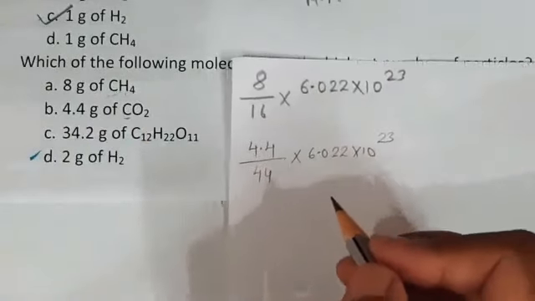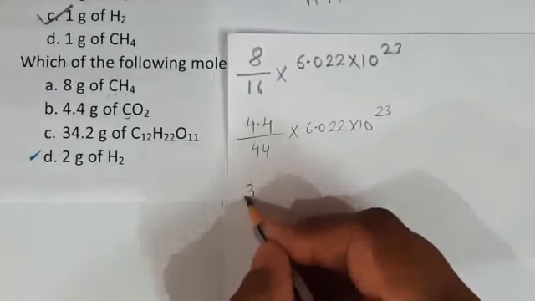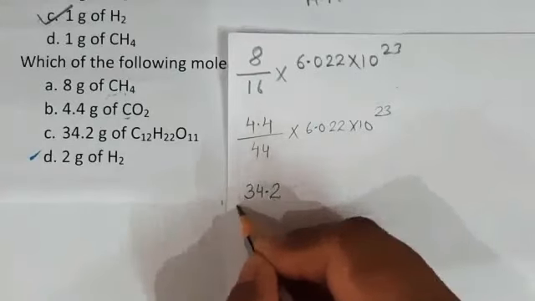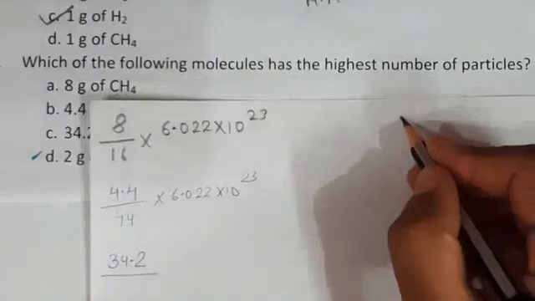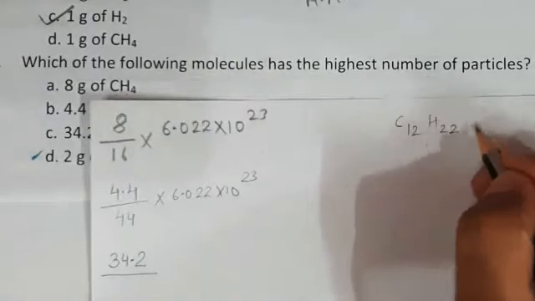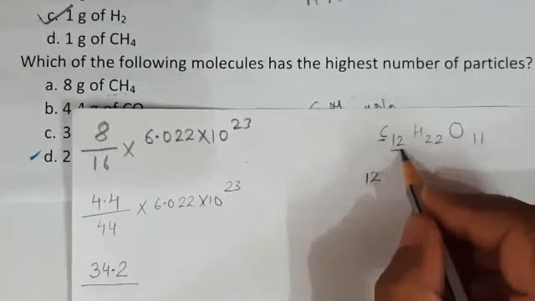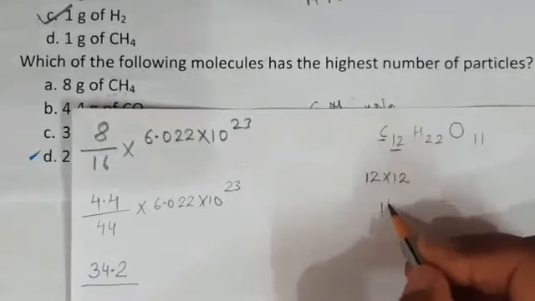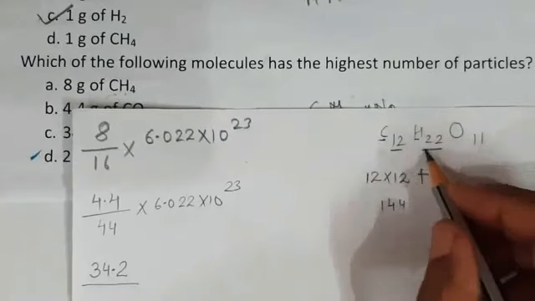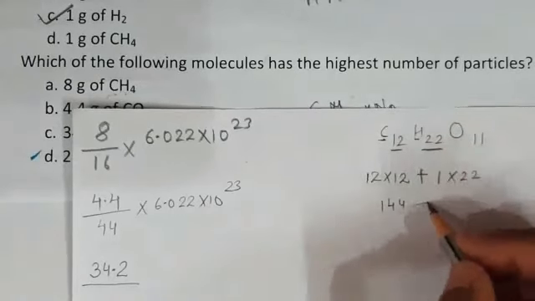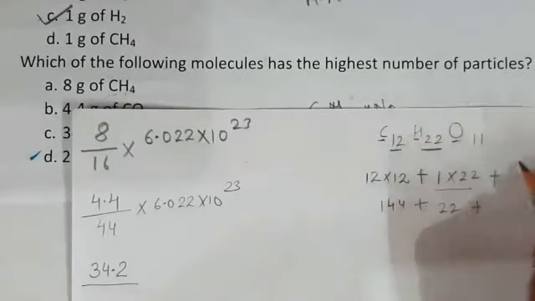For the third part, 34.2 gram of C12H22O11. Given mass is 34.2. Calculate the molar mass of C12H22O11. Carbon 12, how many are there? 12. So 12 twelves are 144, plus hydrogen 1. How many hydrogen? 22. So 1 into 22, 22, plus oxygen 16.